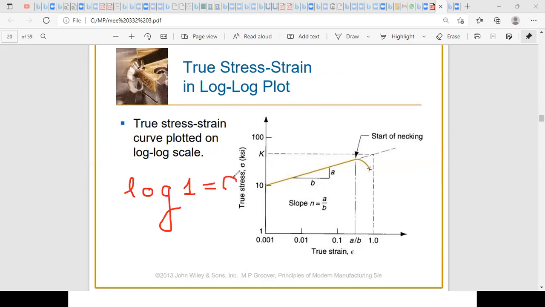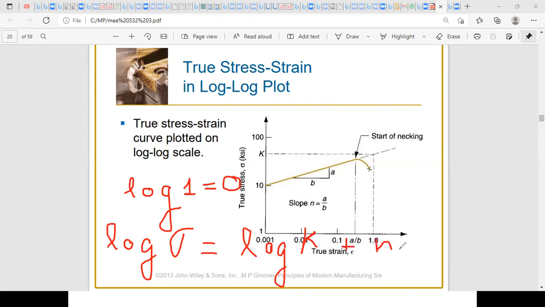Okay. If you are working in the strain hardening zone, we have that log of sigma is equal to log of k plus n times log of epsilon.